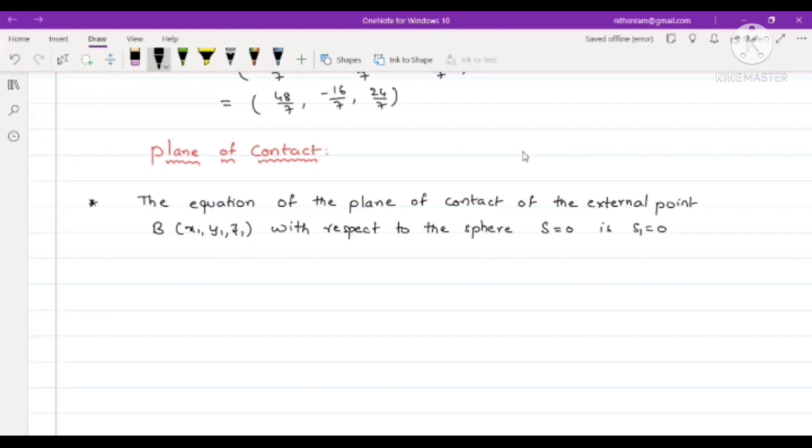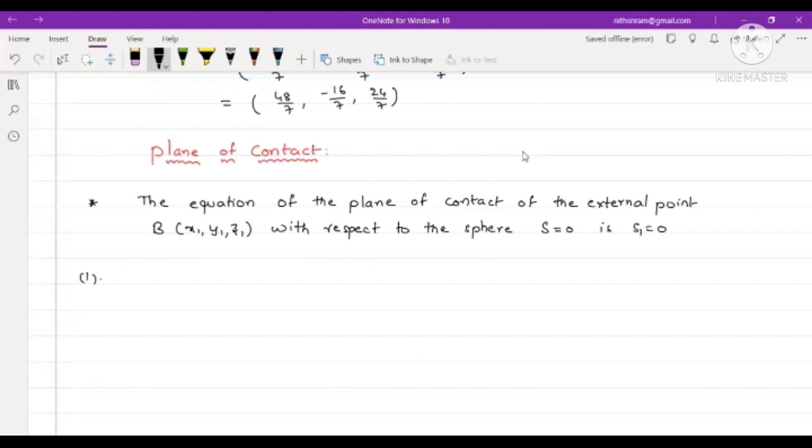Okay, if you want to find a plane of contact at the external point B with respect to the sphere, we have to write the formula S1 = 0. So I am going to do one problem on this particular concept.